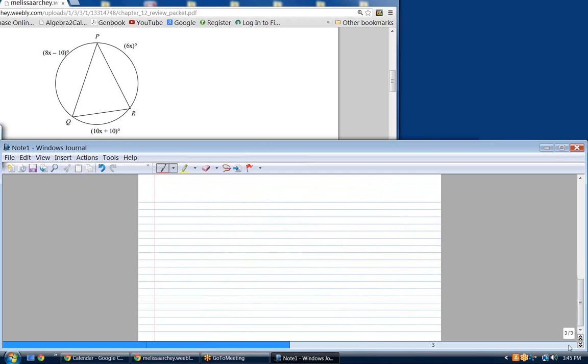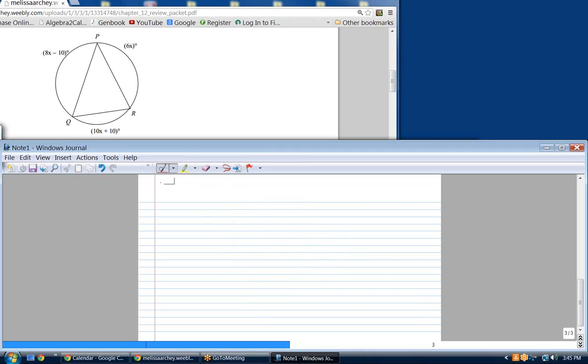How many degrees is the full circumference of a circle? 360. Okay. So each of these 3 arcs have to total 360. In other words, it's not just 360 around a point, but the arc lengths have to total 360. If I split it up into 3 pieces, these 3 pieces have to total 360.